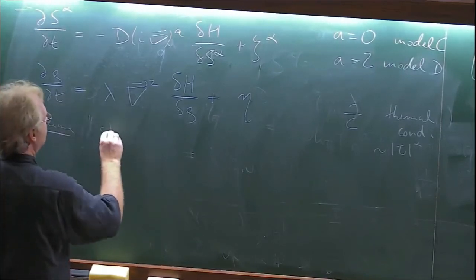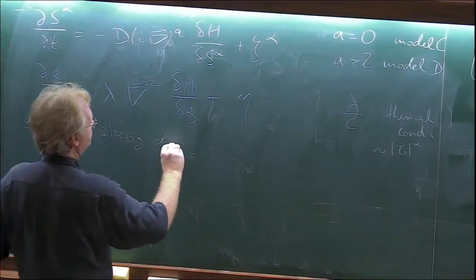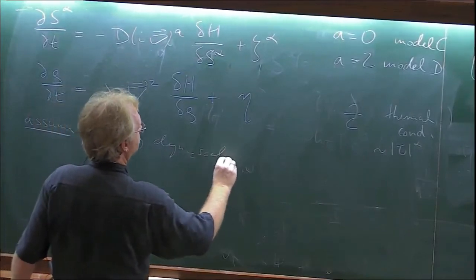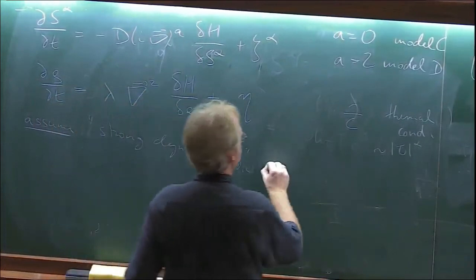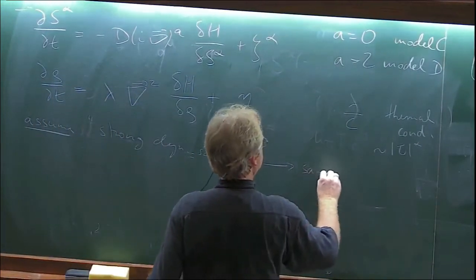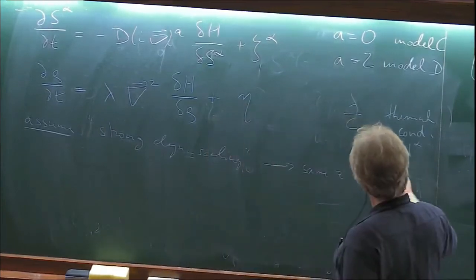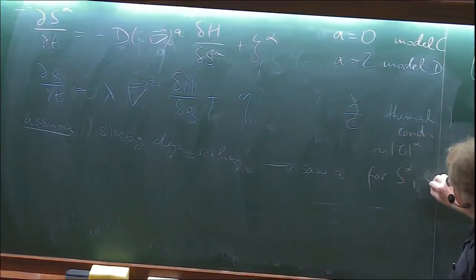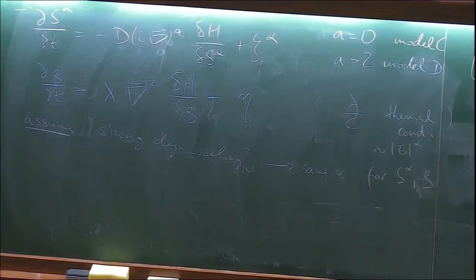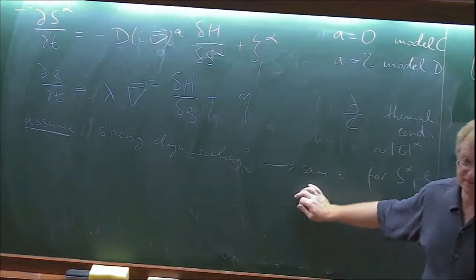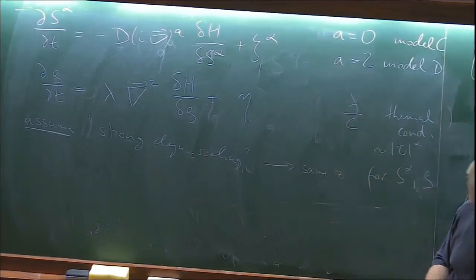So let's assume what is called strong dynamic scaling, which means we effectively have the same dynamic exponent z for the order parameter field and the conserved density rho. That does not have to be true, but let's assume that. If we assume that, we can actually figure out what z is if that coupling stays in place.